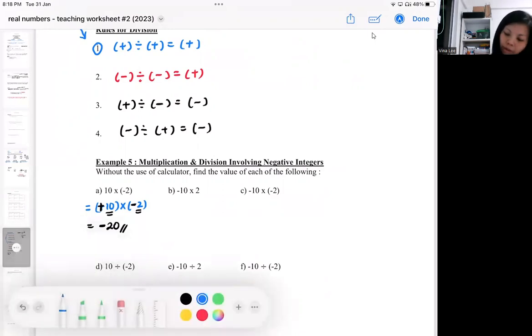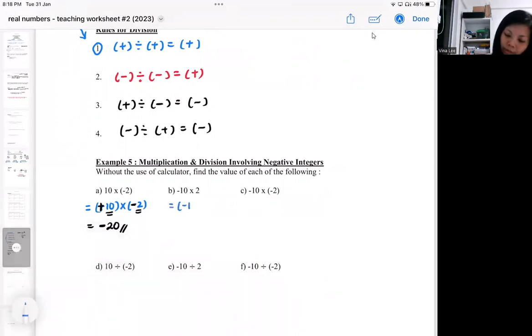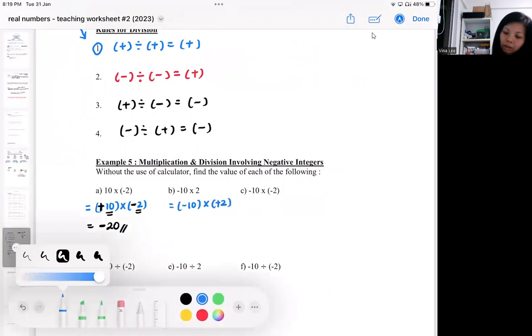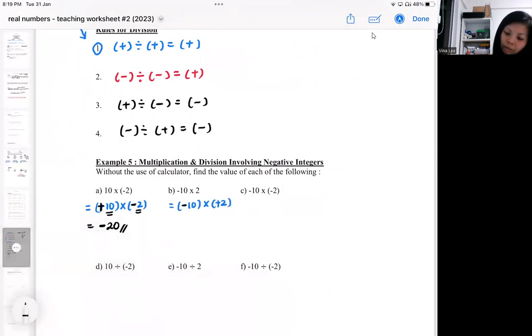In the next one, it's the same thing. When we multiply by 2, that's as good as multiplying by +2. So the negative guy meets the positive guy. As long as there's a negative, it will be a negative. So 10 times 2 is 20. In the next one, I have the double negative.